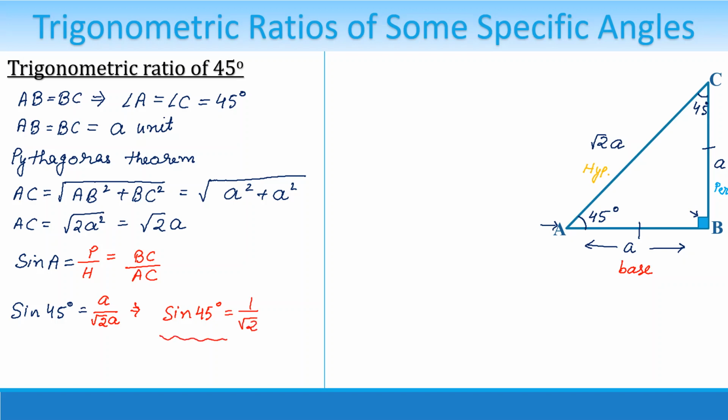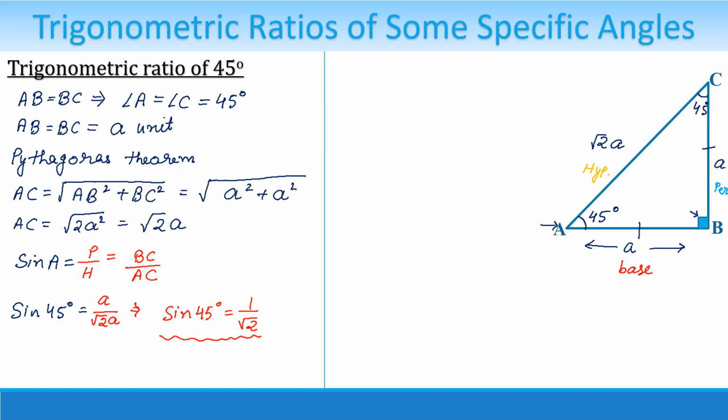So hence you can see that the value of sine 45 degree, for any triangle with any measurements of their corresponding sides, if one angle is 45 degree in a right angle triangle, will always be 1 by root 2.